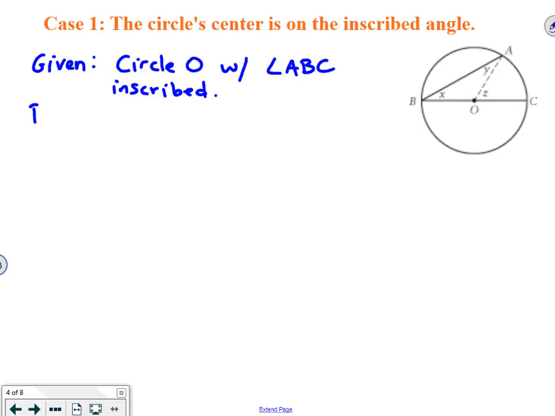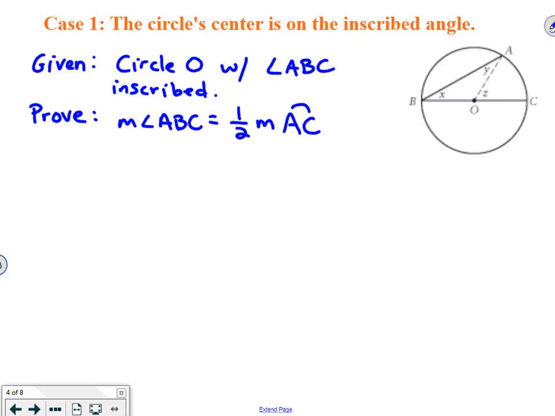We need to prove that the measure of angle ABC equals half the measure of its intercepted arc, which is arc AC. We're going to use a flowchart format.